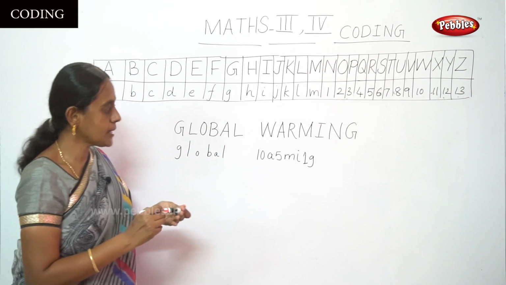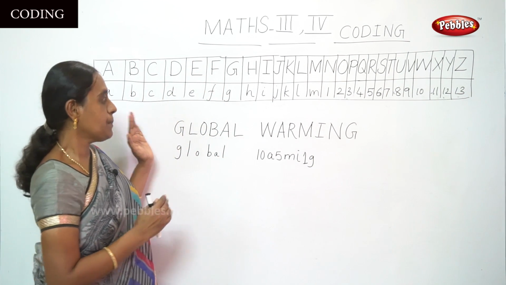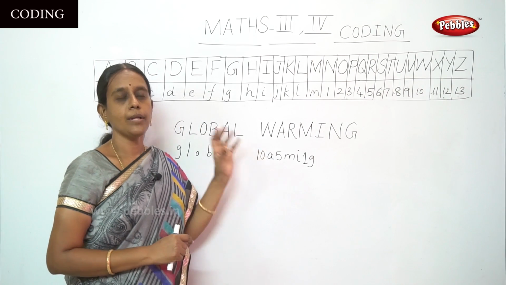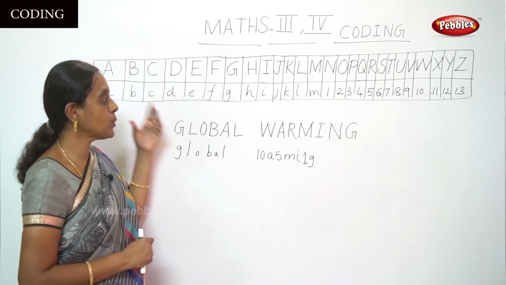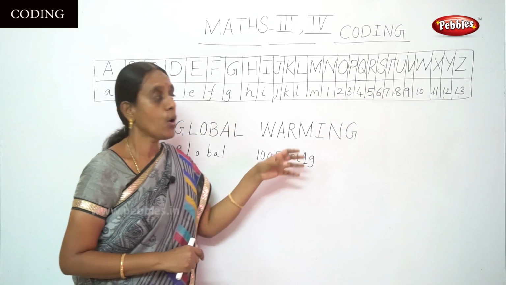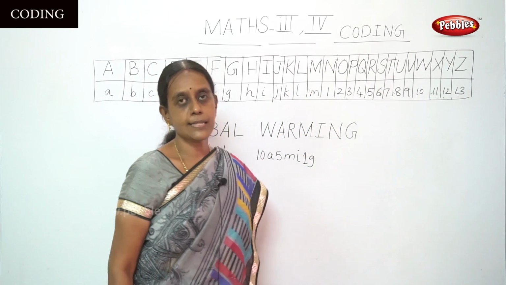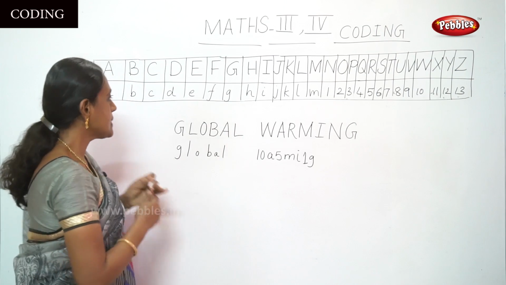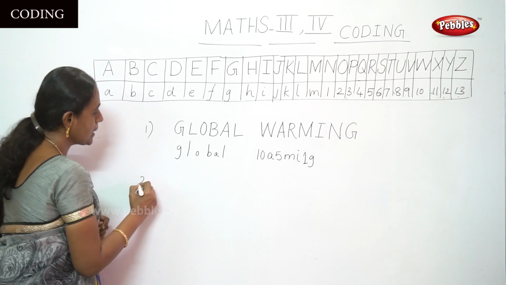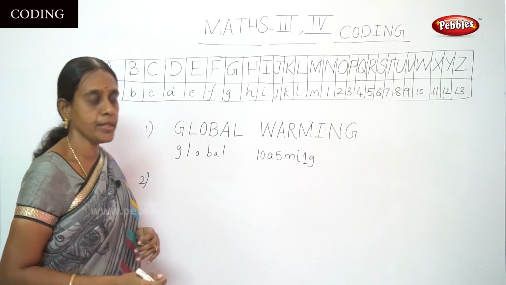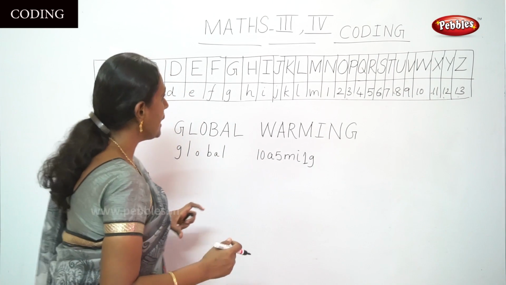Do you understand this? For explaining any code or any terms, we are using other alphabets or numbers. This is example number 1. The next one, using the same coding, is keep left.